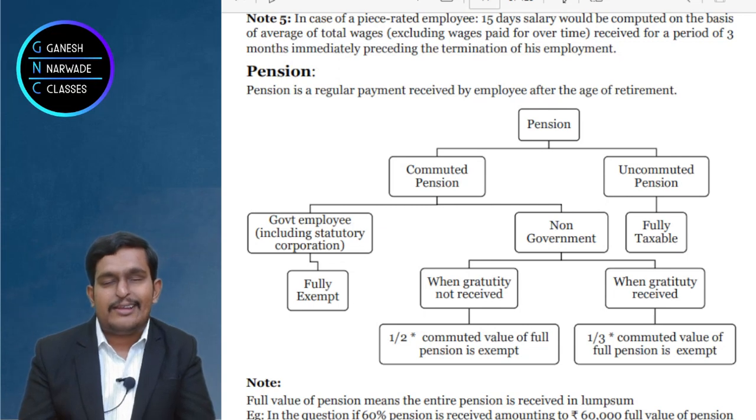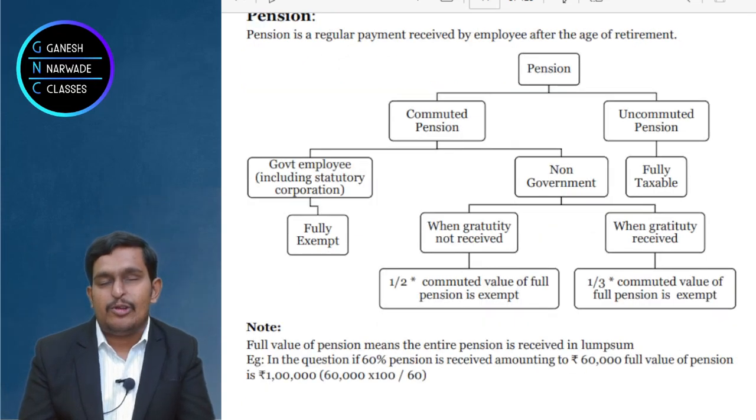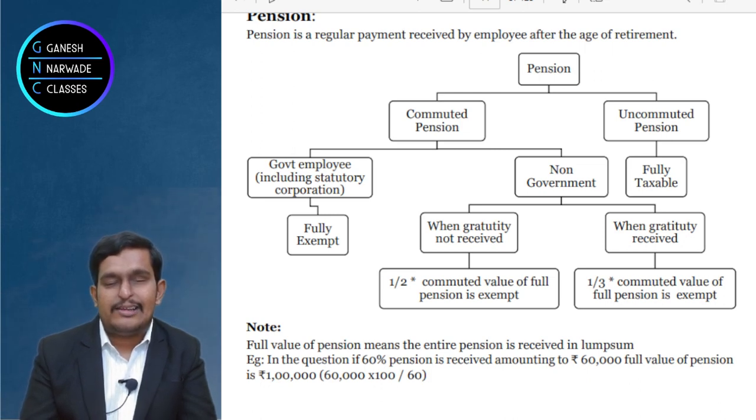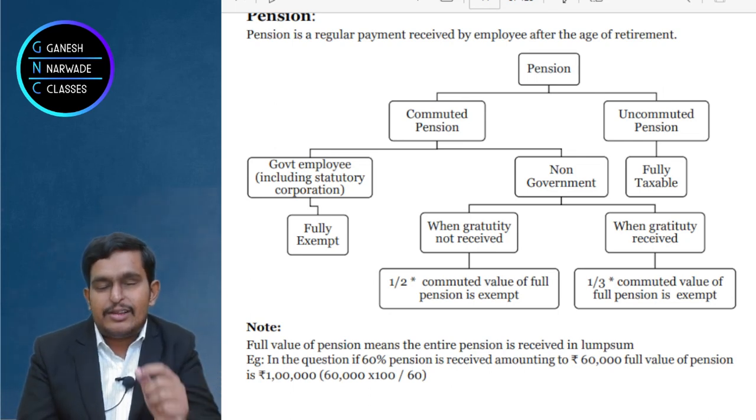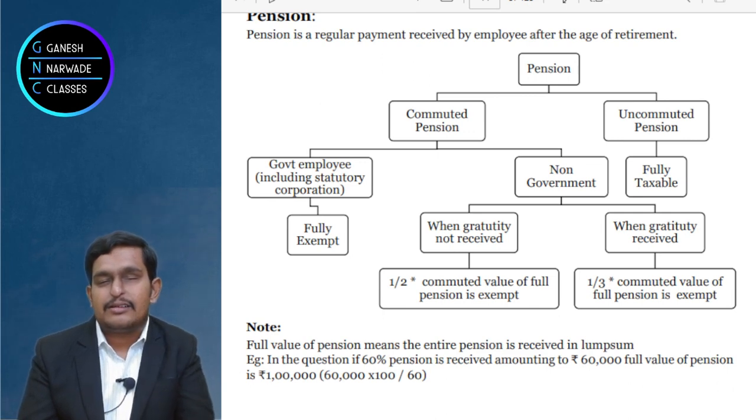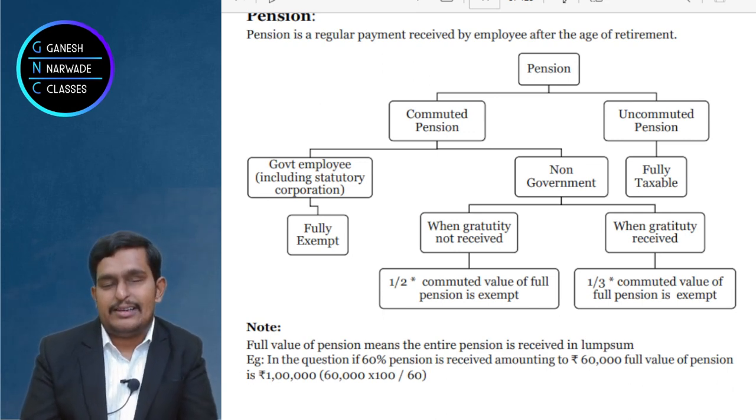Now how much exemption will you get? 4 lakhs into 1 by 2, in case you are not receiving gratuity. So 2 lakhs you will get as exemption. Okay, so what is the amount received? 3 lakhs minus 2 lakhs exemption, 1 lakh is taxable. This way you should understand.